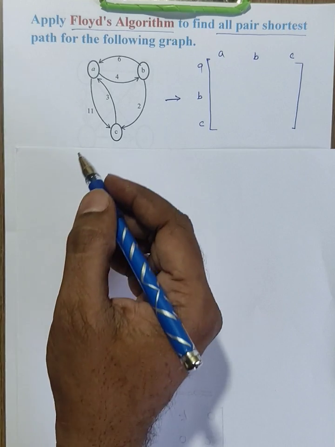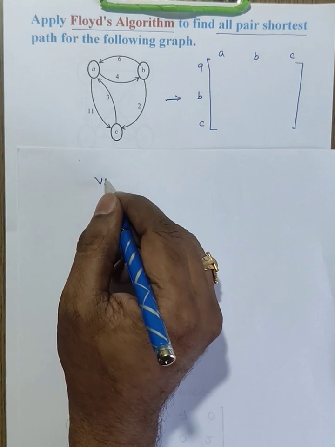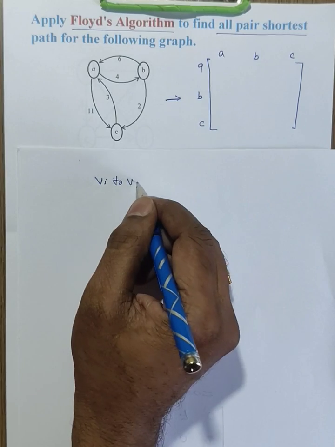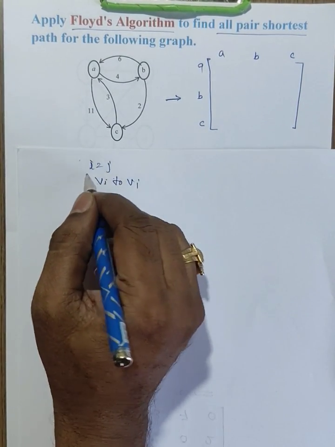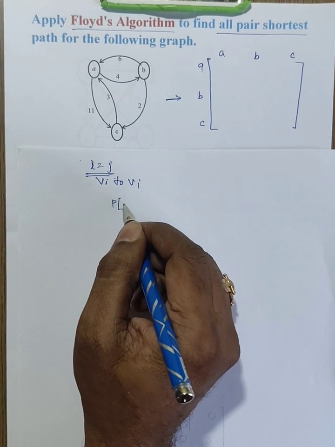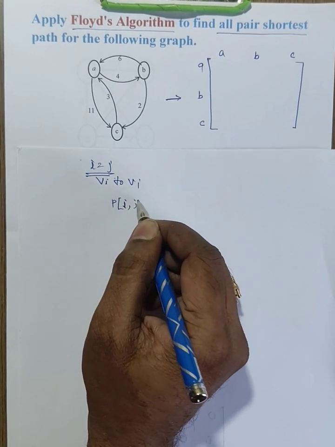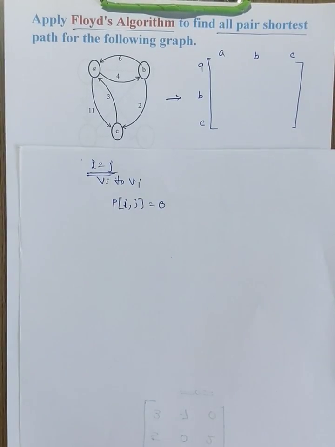Now, within this A to A, if vertex I to vertex J, if I equal to J, if both are same, then here we have to write 0. If both are same, we have to write 0.